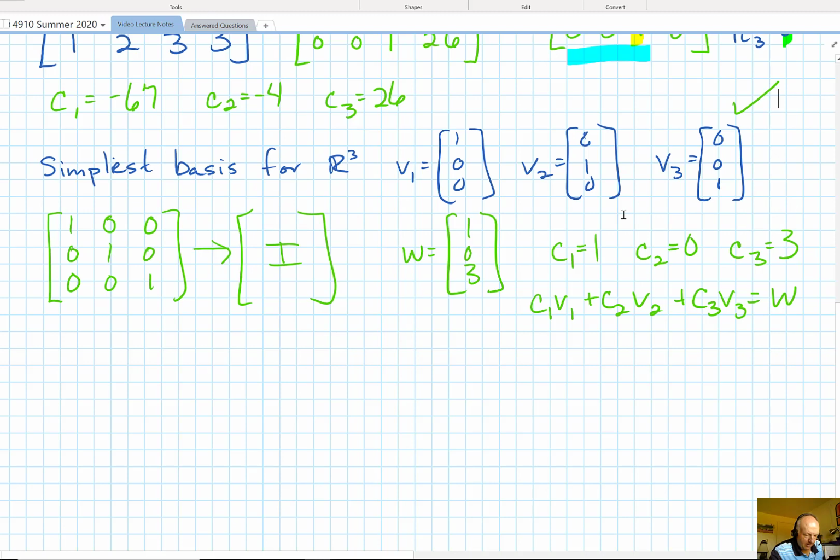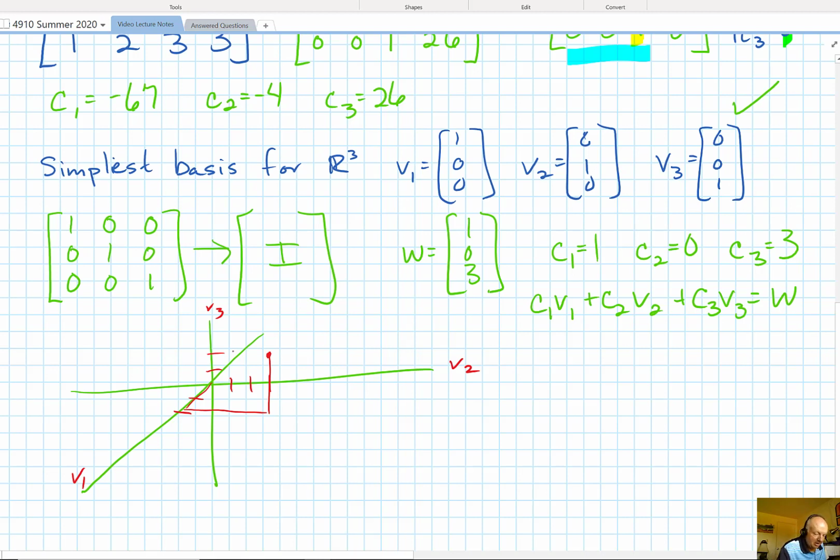You know, and they form the basis of our three-dimensional graphing system, right? If I want to get to a point, this would be my V1 direction, V2 direction, and V3 direction, right? I could come out this many V1, and however many V2, 3 of those, boom, boom, and then boom, and I can get to any point I want. Okay. But again, that's the simplest basis.